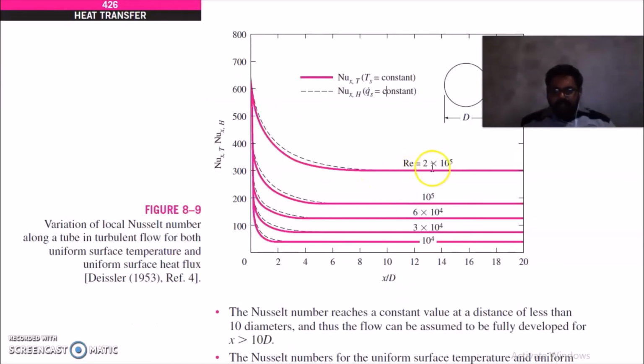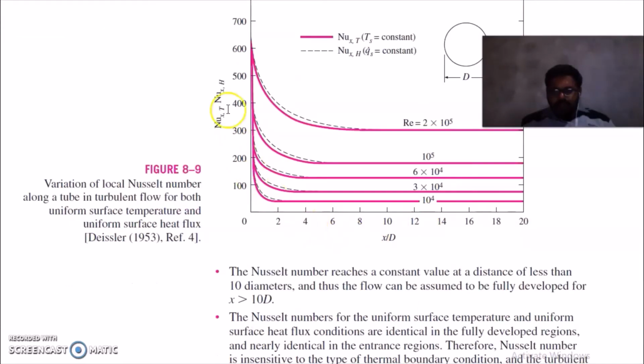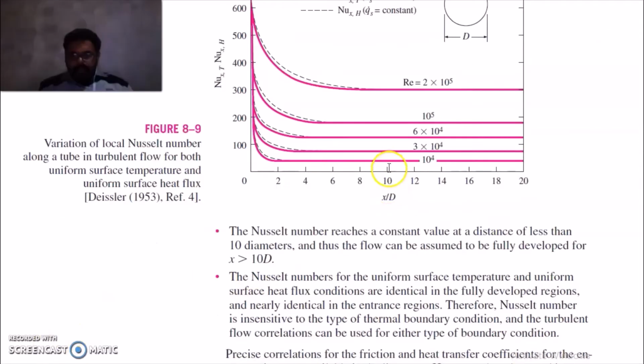You can see for the different Reynolds numbers, this graph is between Nusselt number and the tube length, which is x by D, a dimensionless factor. You can see the Nusselt number approaches and reaches a constant value at a distance of less than 10 diameters, when your x by D is just at this point, which means x is approximately 10D. So it will reach a constant value.